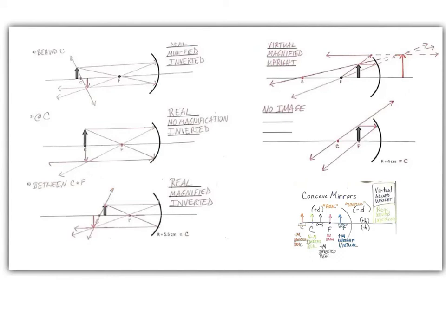There are also curved mirrors, such as concave and convex. In these examples, the attributes of the image formed are dependent on the placement of the object in relation to the focal point and the center of curvature. Take time to study these so that you are prepared to answer general questions about them.